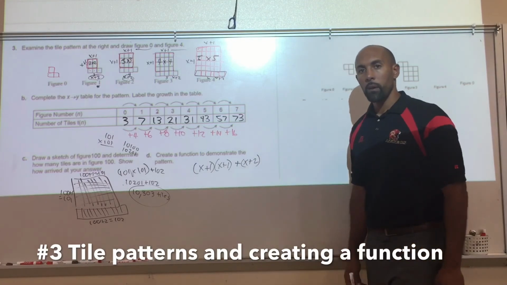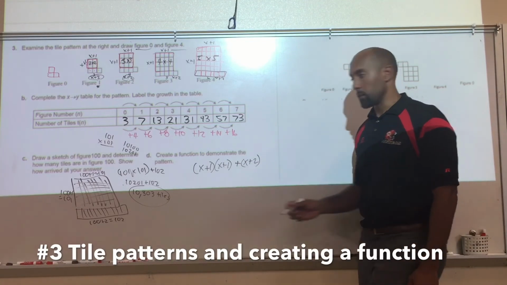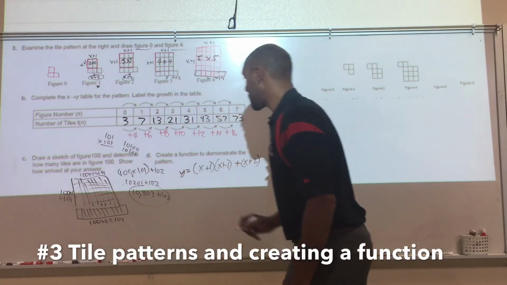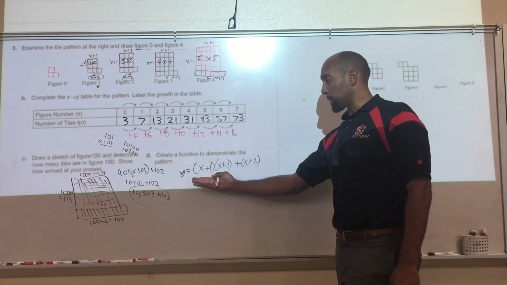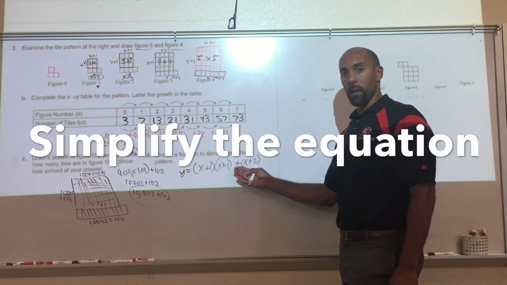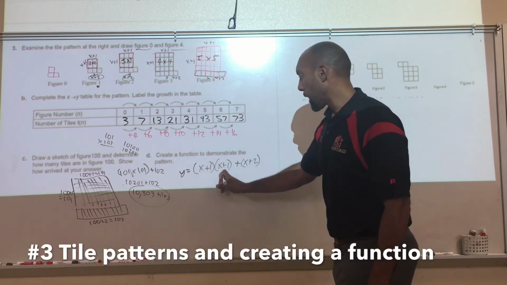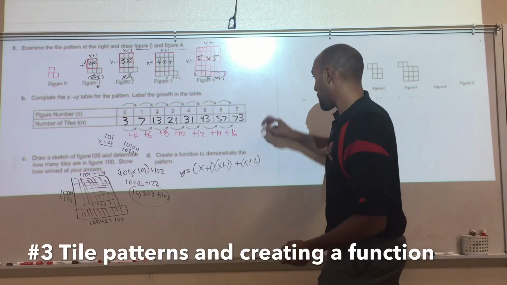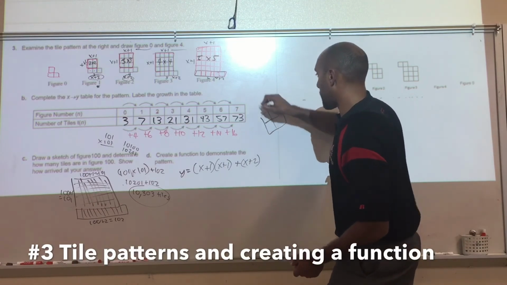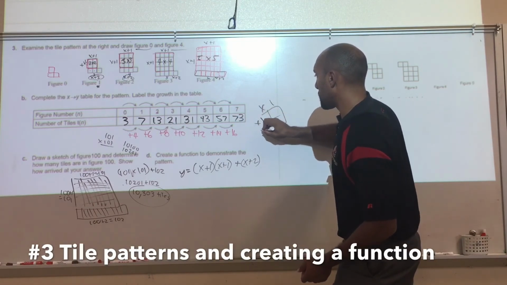All right, so now I have to simplify this function. And remember, we always start with y equals. Now I have multiplication here, and I have adding here. So what do we do? Multiplication first. So here, I'm going to use the box and multiply x plus 1 and x plus 1.